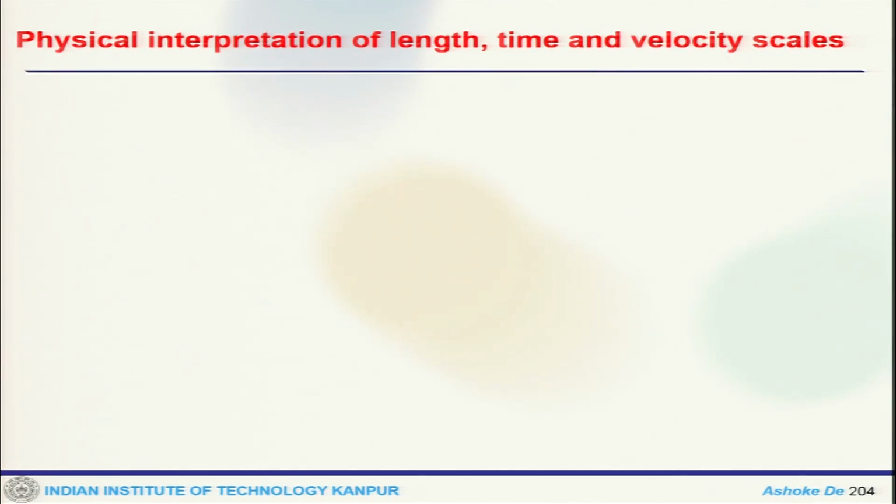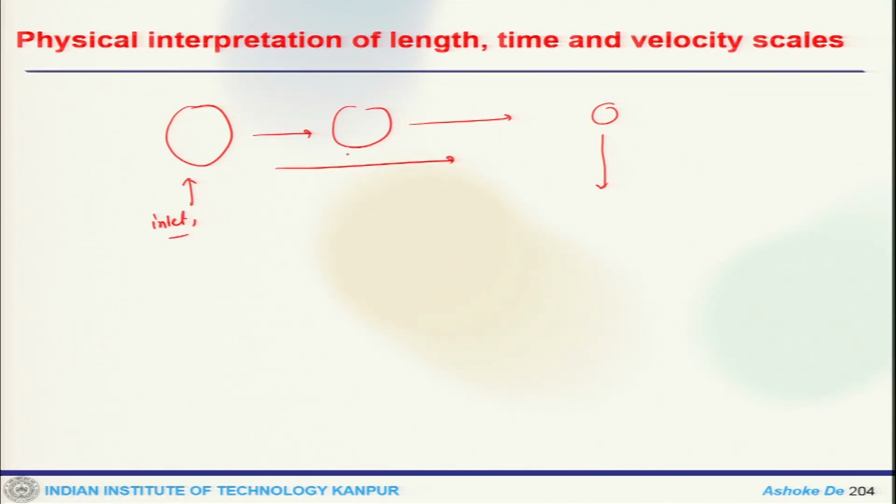Now you can have this kind of schematic, where the small structures go to smaller ones. You have an inlet, then this is your energy transfer at epsilon, which we have already discussed in detail, and this is in terms of heat.